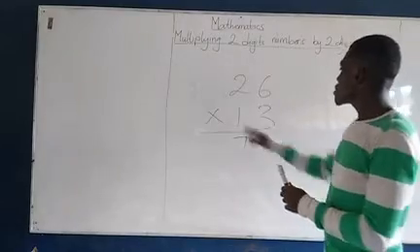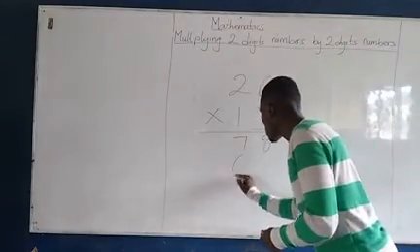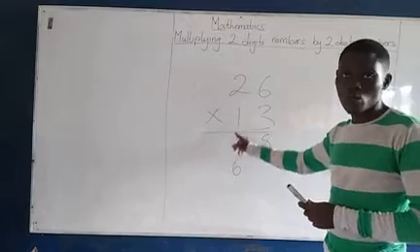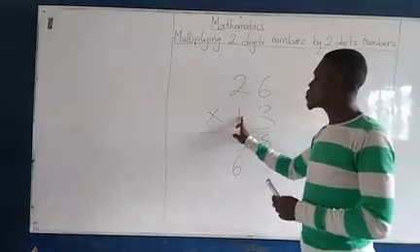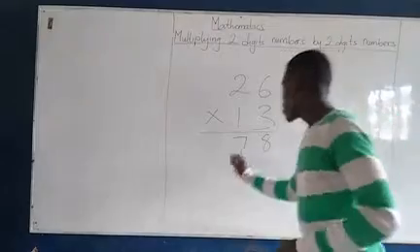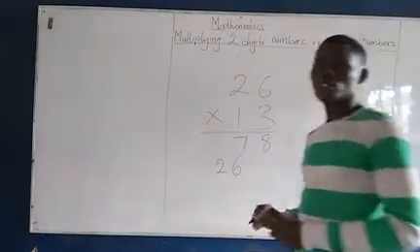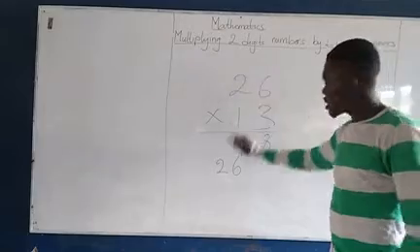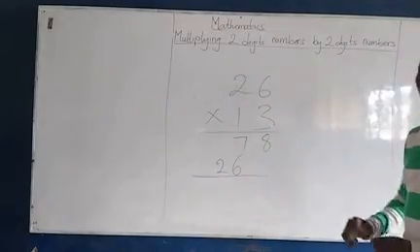Good. So 6 times 1 is 6. You can't write a 6 right under the 7, because the 7 is at the tens place. Now we move to the 2. 2 times 1 is 2. Very good. You write it here. Now I'm done multiplying the what? 13 by 26. I'm coming to add.